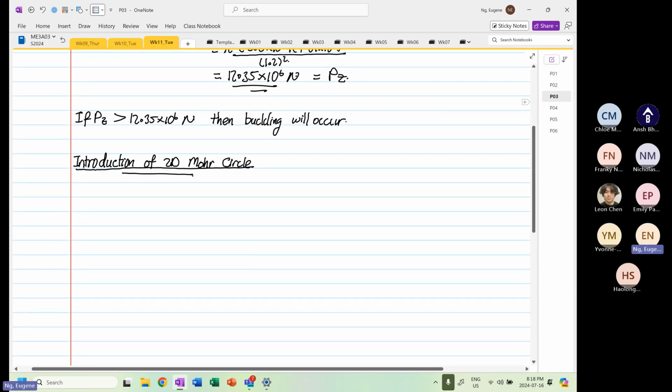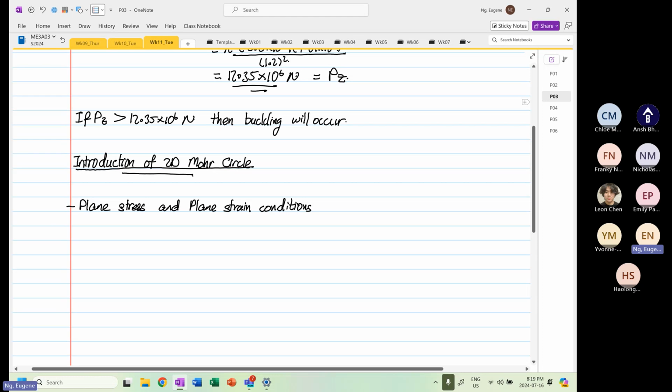So in Mohr's circle, there are stress states that we need to know. So we have plane stress and plane strain conditions.